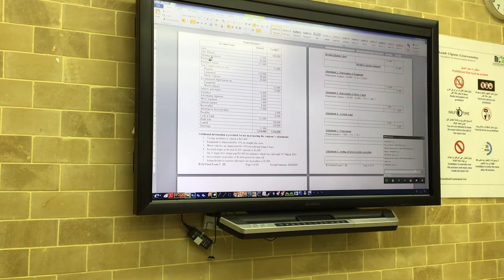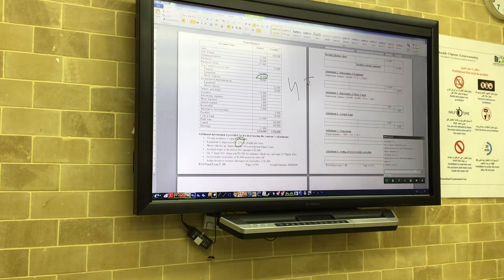Where is the equipment? It is 48,000. So the equipment historical cost, or book value, was 48,000. You will multiply by the depreciation rate.